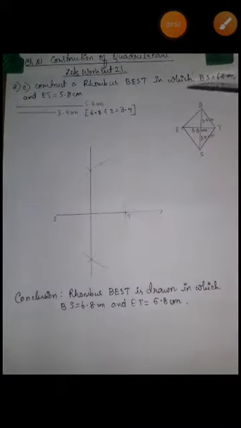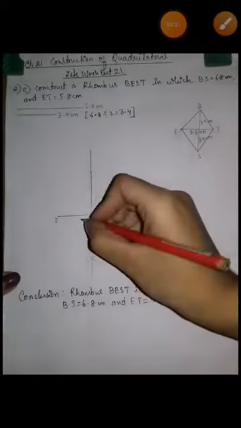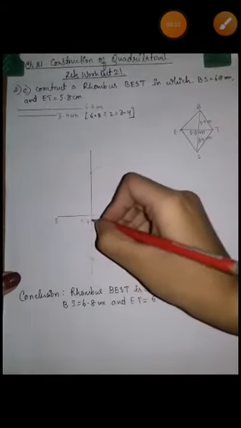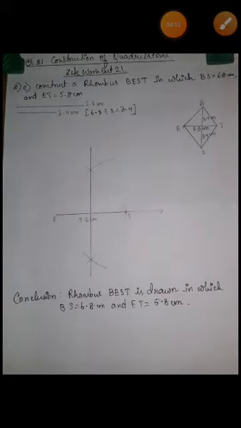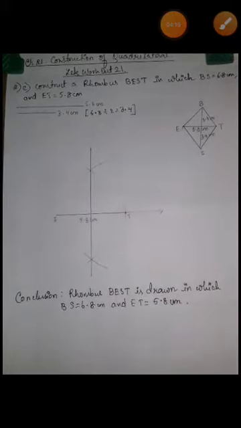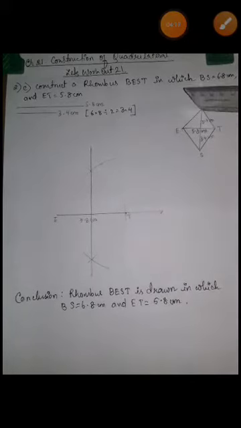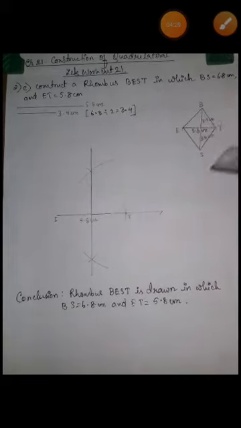Now students, just look at the question. Here we have this ET which is already 5.8 centimeter. You are going to mark it 5.8 centimeter. Now the other diagonal which is of length 6.8 centimeter, that means what? Since in the rhombus the diagonals bisect each other, that is why on top it will be 3.4 centimeter and at the bottom also it will be 3.4 centimeter.